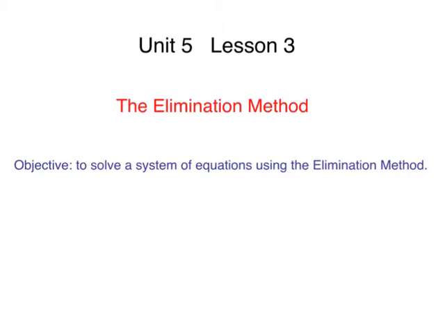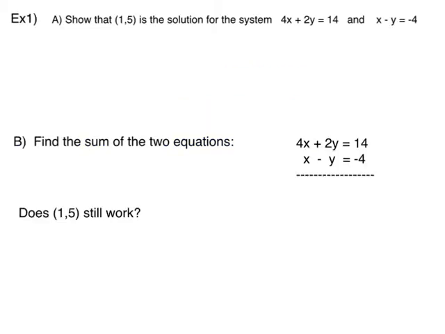So let's take a look at example 1. Once again, they tell you that the solution is (1, 5), and we're going to plug that into both equations to make sure they work. In the first one, 4 times x, which is 1, plus 2 times y, which is 5, is supposed to equal 14.